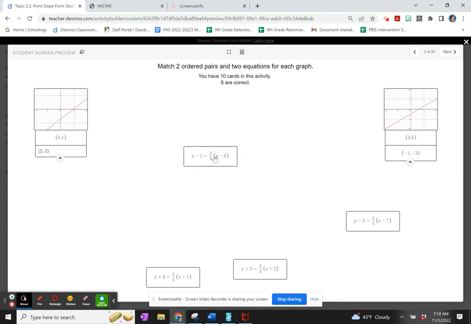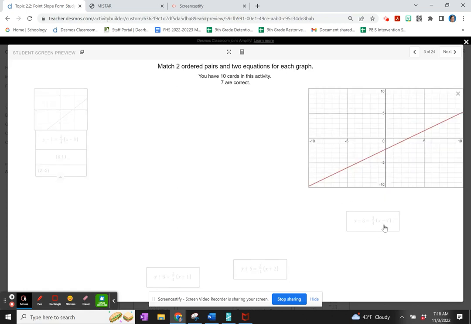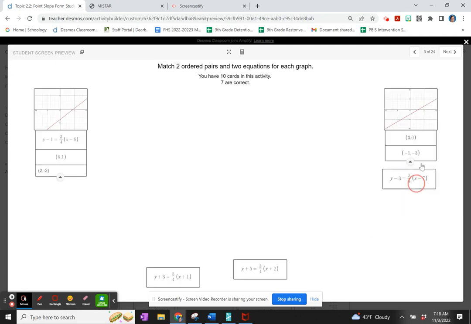So 6, 1, we already decided was on my left. So I have x - 7 in parentheses. So my x coordinate of the ordered pair is 7, and then y - 3 in the beginning, so that's 3. So is 7, 3 on the graph? Yes, it is.